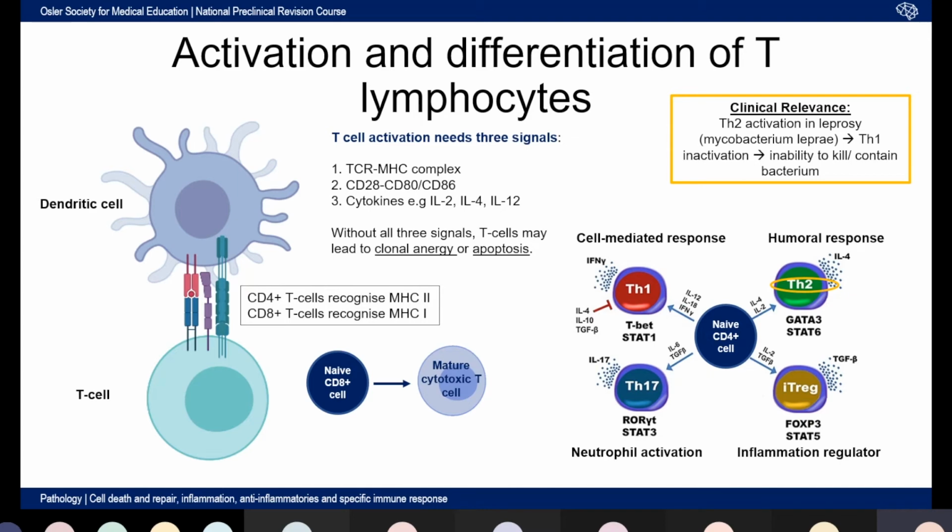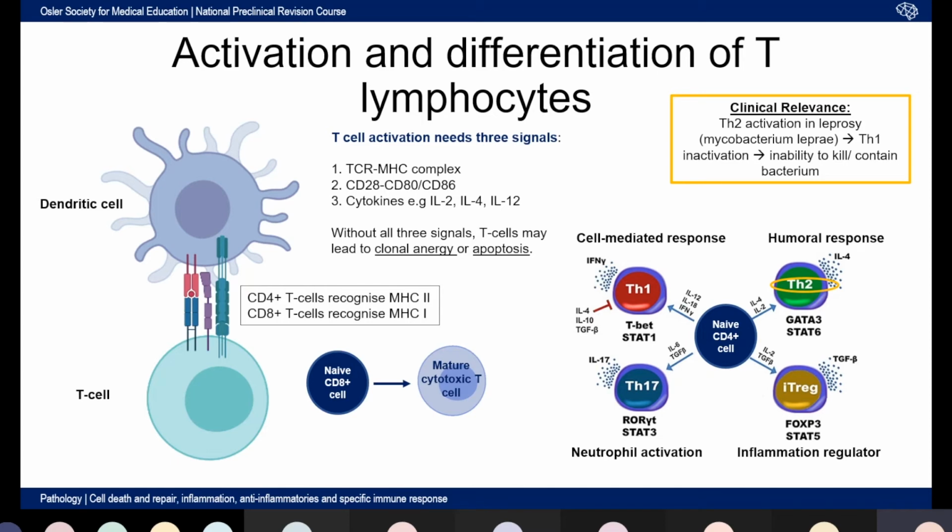Then there's Th2, which releases IL-4, and that's more of an anti-inflammatory mechanism. Then there's neutrophil activation, where IL-17 from the Th17 cell is important, especially for acute inflammation. The last one is iTreg, which is essentially an immunomodulator cell: it inhibits inflammation and prevents it from taking place as much.